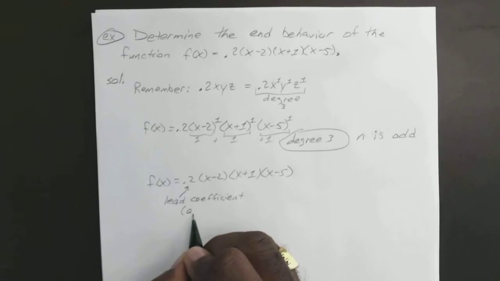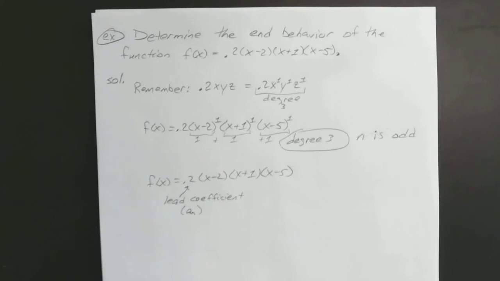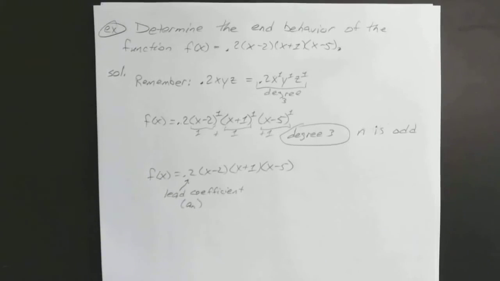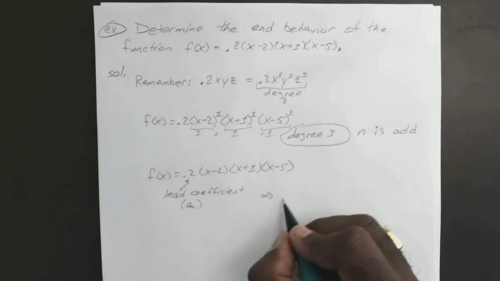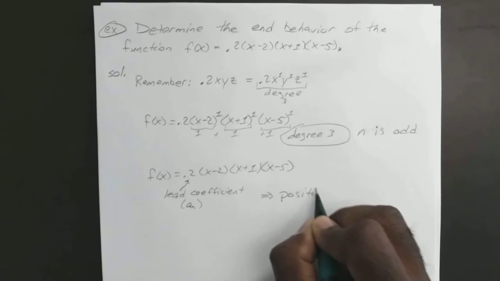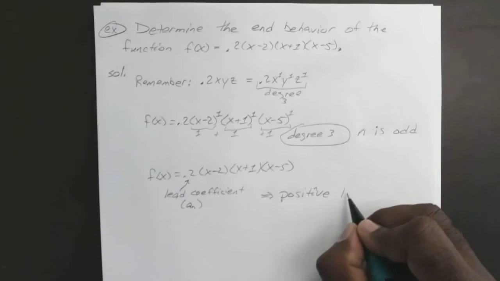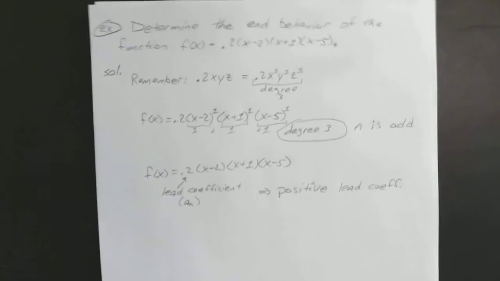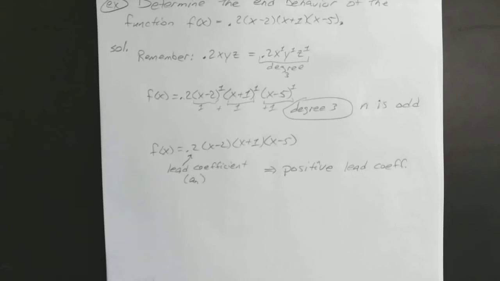So we know your 0.2 is your lead coefficient, which in our general formula is our a sub n, because we're going by f of x equals a sub n x to the n plus a sub n minus 1 x to the n minus 1, etc. So this is our lead coefficient, and we know that it's positive.